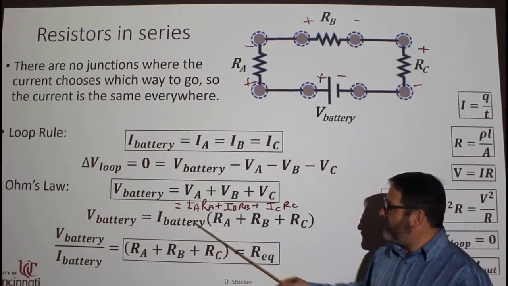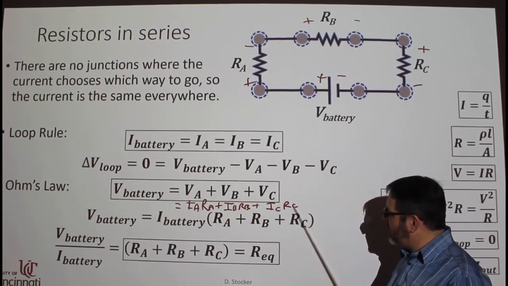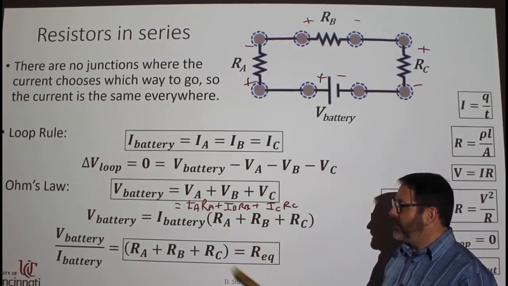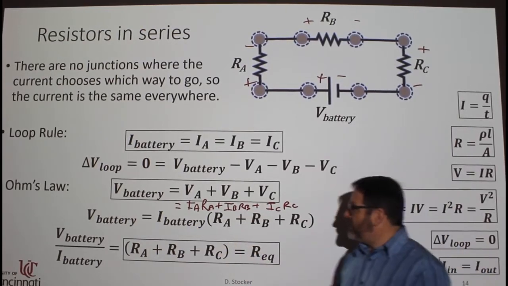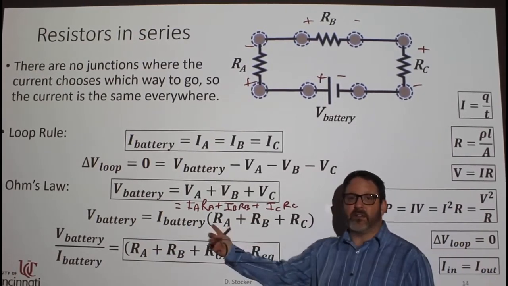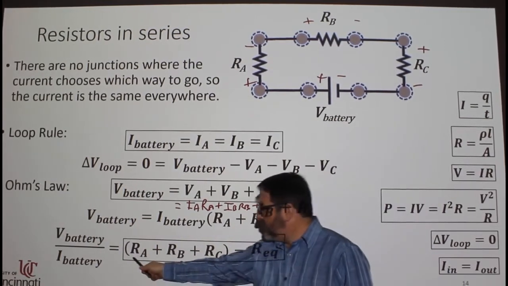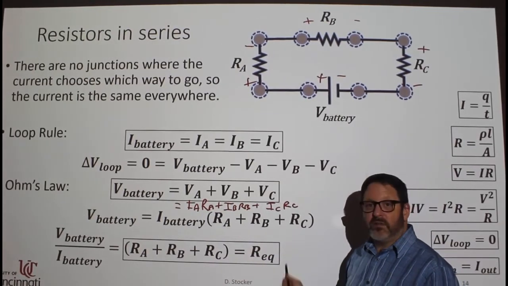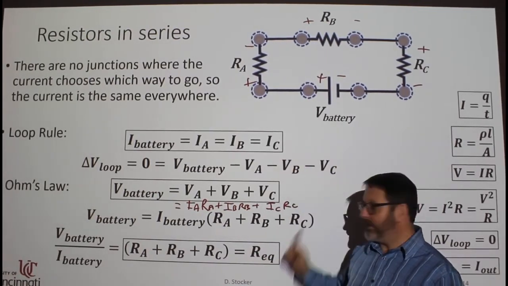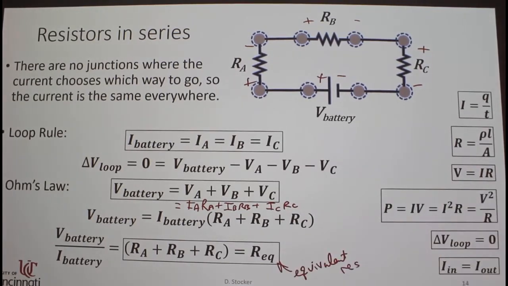So V battery is I of the battery times RA plus RB plus RC. And since V equals IR, this must be the R that the battery sees. So the battery sees RA plus RB plus RC as being the equivalent resistance of the whole circuit. That's what REQ is, equivalent resistance.